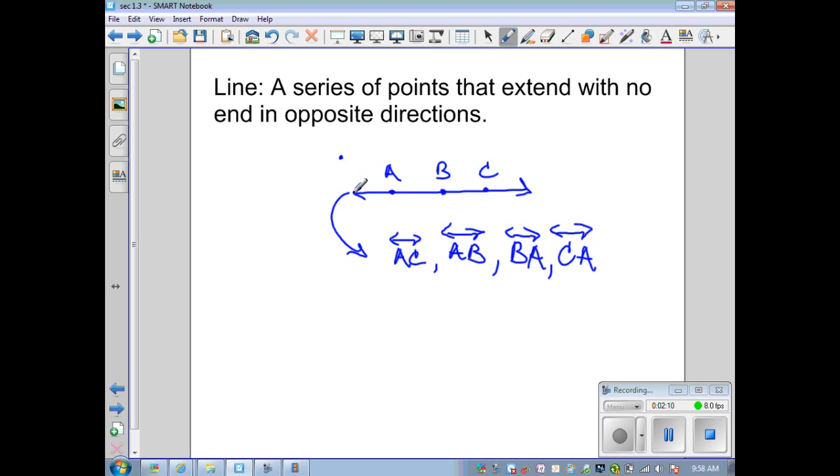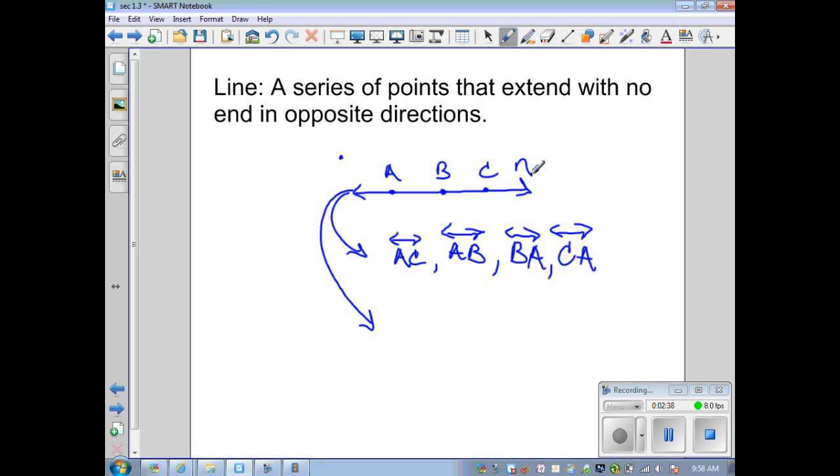I'm allowed to do this because, again, this is a series of points that extend in opposite directions. So no matter which point I start with or end with, I'm going to talk about all the points on this line that are contained within this system that I've represented down below. Another way to identify a line is by a single letter, but that single letter would have to be a lowercase letter.